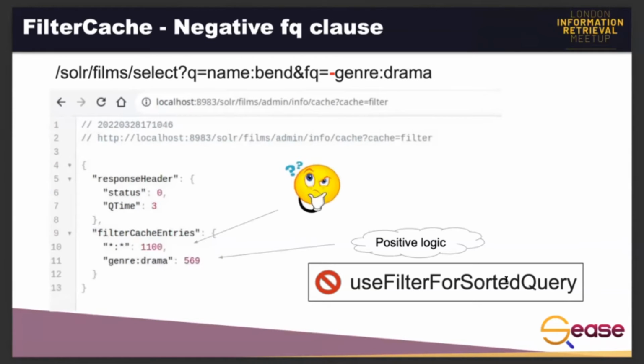Now, what happens if I change my mind, and I don't want drama movies? As we can see, Solr will still use the positive logic, so it still sees the list of drama movies, but there is something weird. Why do we have wildcard colon wildcard? It means the full list of documents.